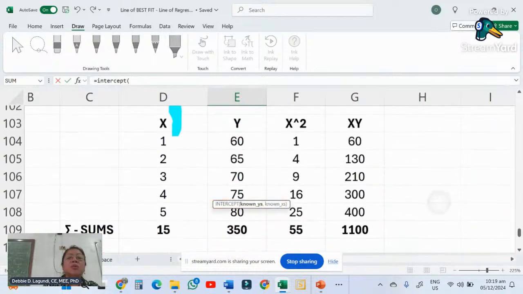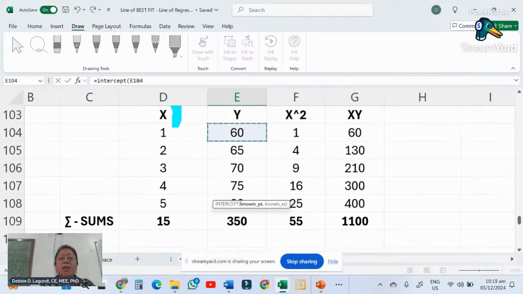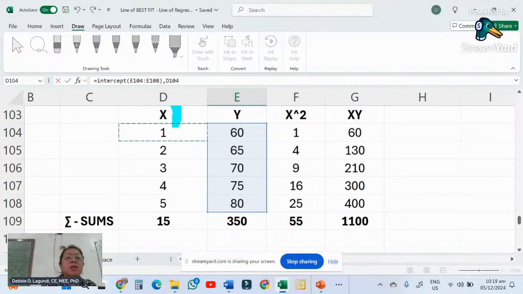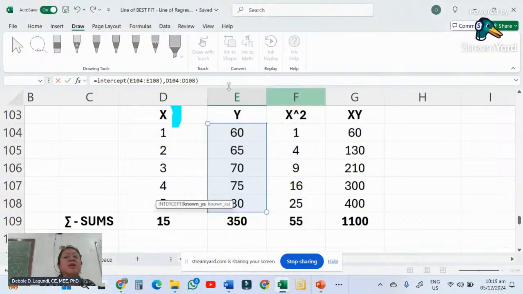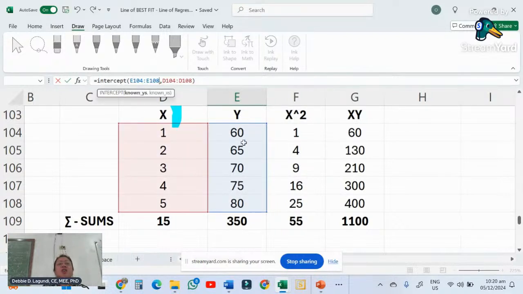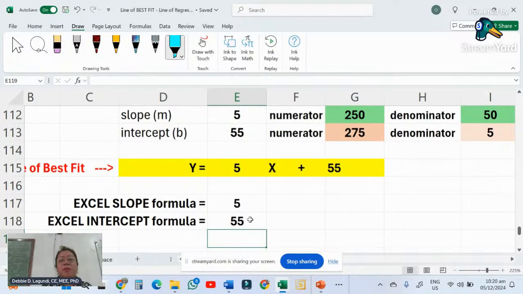So you go to your y and shade your y column, comma, then go to your x and shade all your x column. Oh, sorry, the argument is not right. Shade the y first, comma, shade the x after. But be sure there is a comma in between because the formula will not automatically give you the comma. And then press enter, there you go, you have 55.